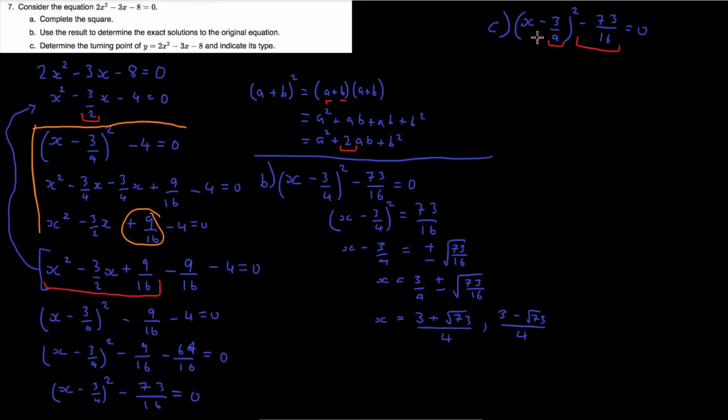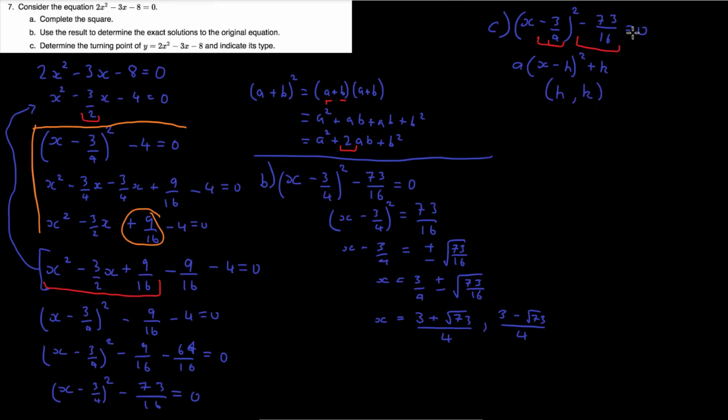I should include this sign here because that sign is really important, as is the sign in front of that value. The general equation of turning point form is a(x − h)² + k, and the turning point is given by (h, k).